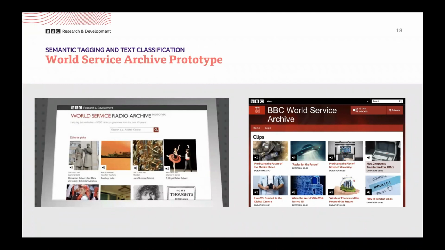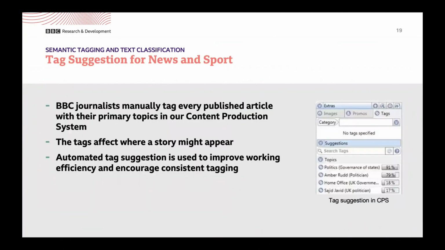Now that's that project. And moving on to a second topic, which is tag suggestion for news and sport. Now in the BBC journalists manually tag every published article when it's put through the content production system.